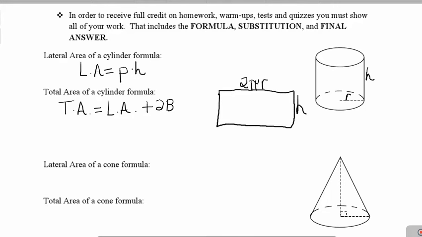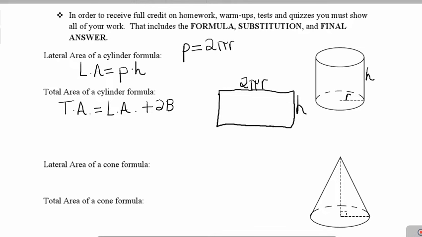So if we think about our formula for lateral area, we have the perimeter of the base times the height. Well, what is the perimeter of this base? The perimeter of the base, since it is a circle, is going to be equal to 2 pi r times the height. So that's where that lateral area comes from.